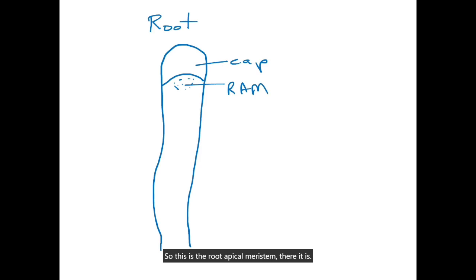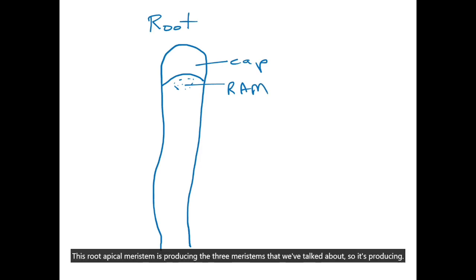There it is. This root apical meristem is producing the three meristems that we've talked about. So it's producing the procambium. And in the case of roots, this procambium extends down the center of the root. There it is. That is procambium.